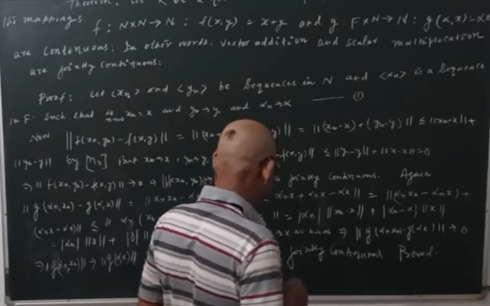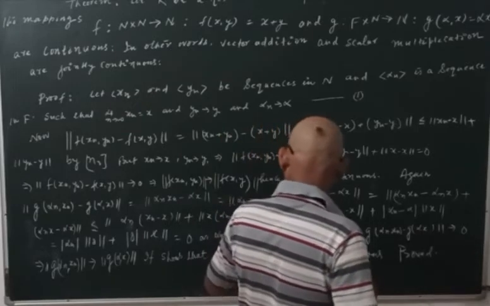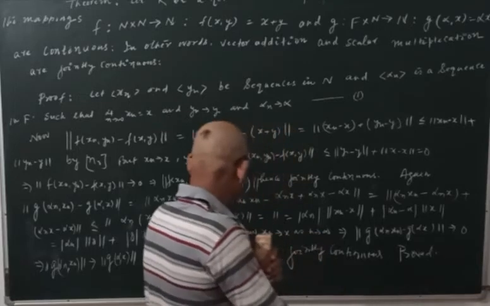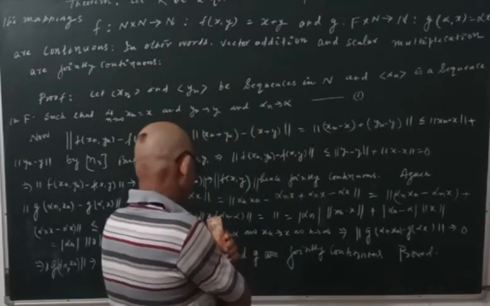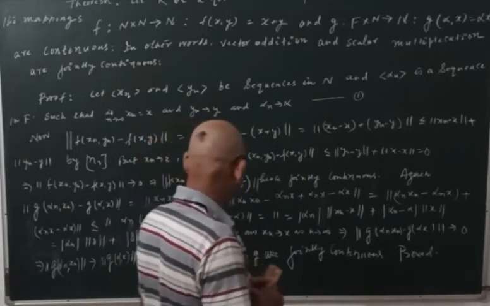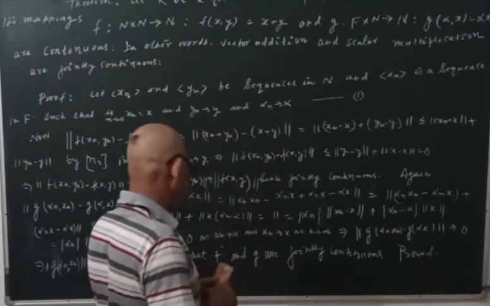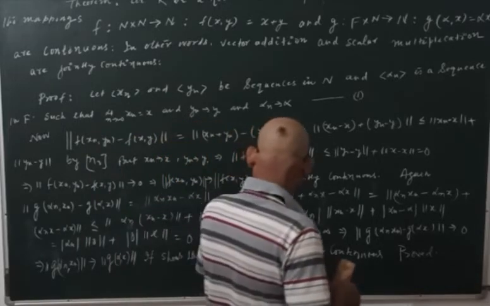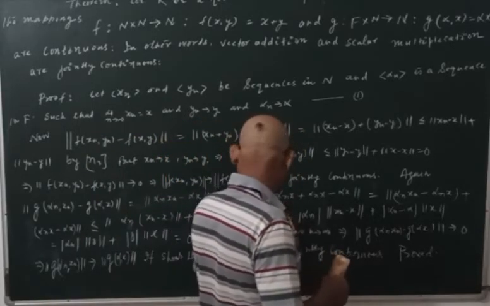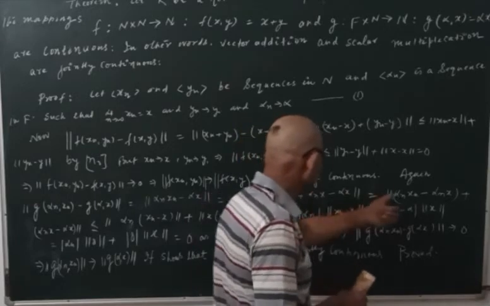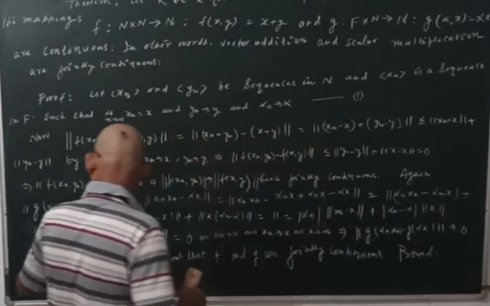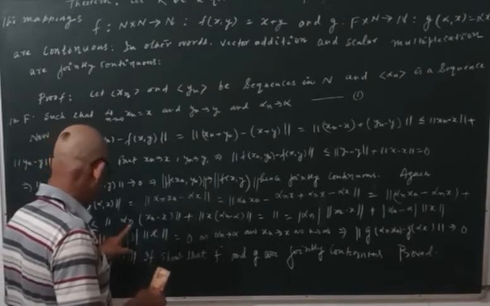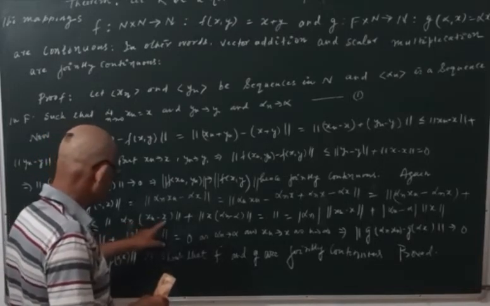Now applying the third property of a normed linear space, the norm of x plus y is less than or equal to norm x plus norm y. And we can adjust it like this: the norm of alpha n xn minus alpha n x plus alpha n x minus alpha x is less than or equal to, by the norm property 3, the norm of alpha n times (xn minus x) plus the norm of x times (alpha n minus alpha).